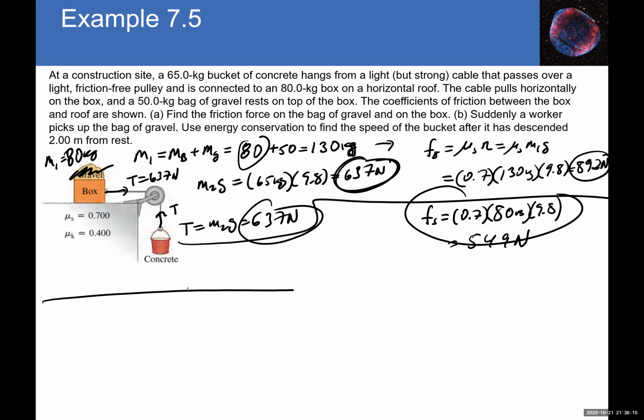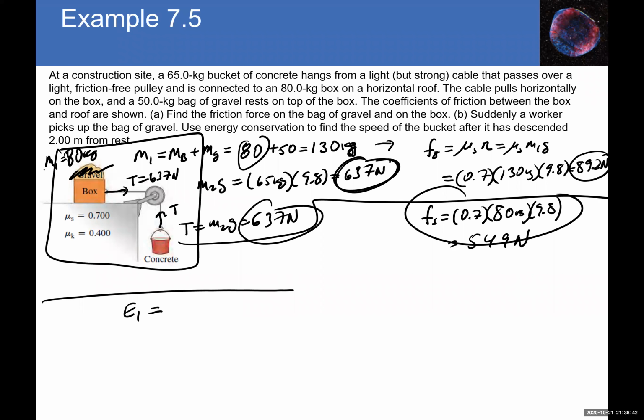Now I'm going to say my system, let's say E1, is the instant when we pick up the gravel. You can look at each object separately and combine them, or I'm going to take both of them together.